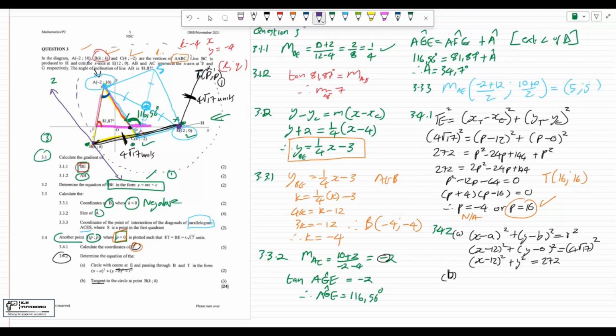Obviously, if it's a tangent and they want the equation, we know that the equation is going to be in the form y equals mx plus c, right? So we need the gradient of that line and we need a point. Now, what is the gradient at point B?